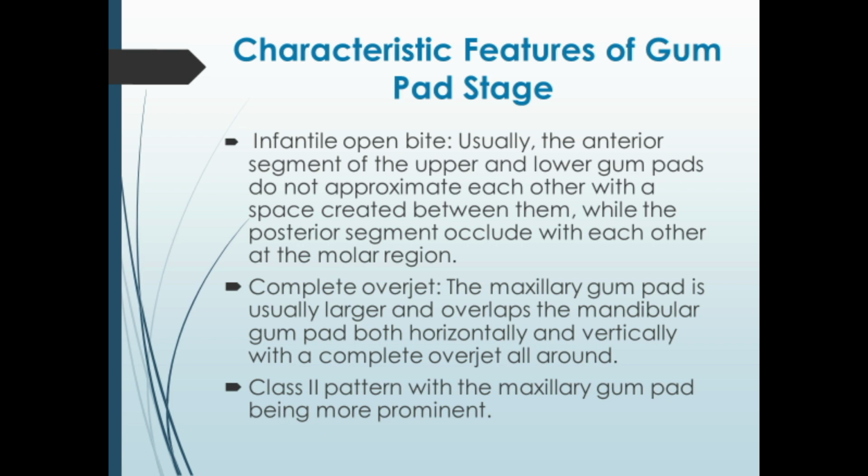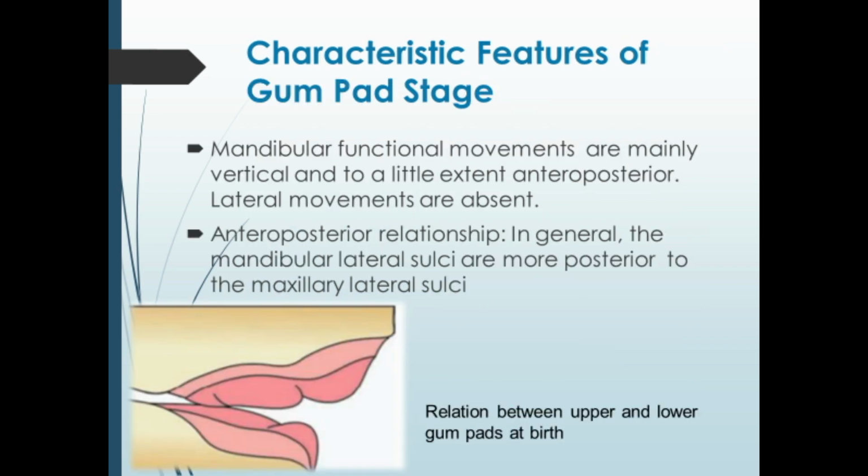Class 2 pattern, with the maxillary gum pad being more prominent. Mandibular functional movements are mainly vertical and to a little extent anterior-posterior. Lateral movements are absent. Anterior-posterior relationship: in general, the mandibular lateral sulci are more posterior to the maxillary lateral sulci.